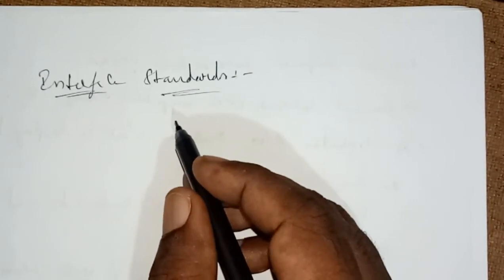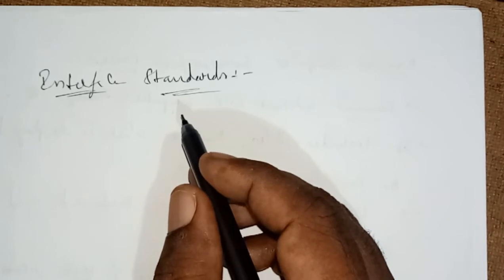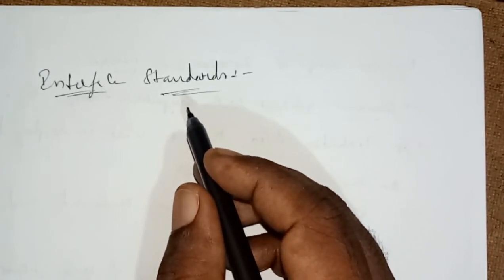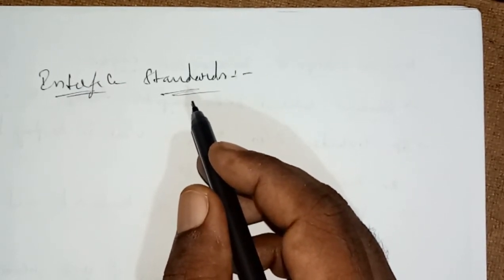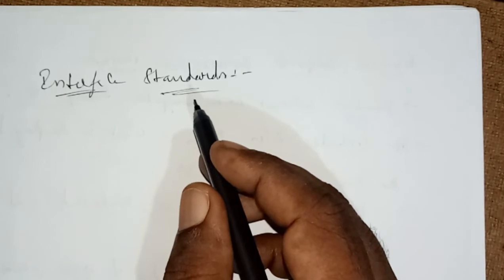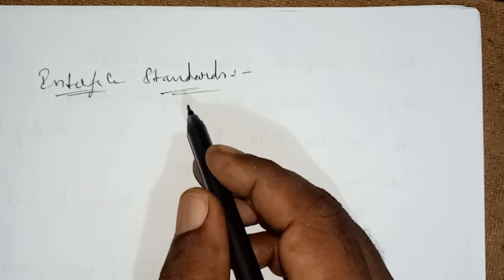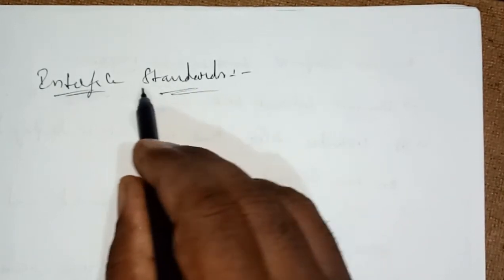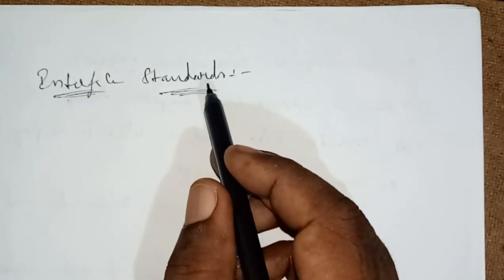Already we have discussed earlier that we have 8 golden rules. By this we can design a good interface. Without using these 8 golden rules, we cannot design a good design. It will be a very poor design, which will not be satisfiable for the end users. To design a good user interface, we have to follow some standards, which we can call interface standards.